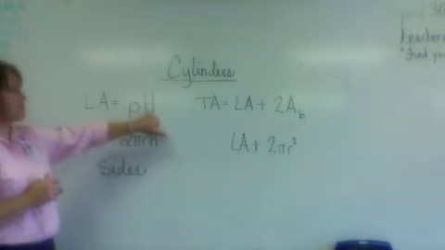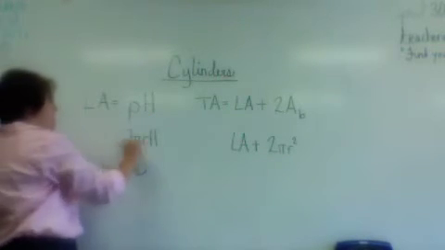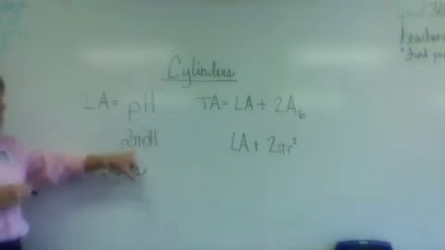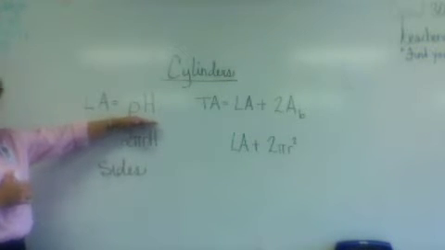Perimeter times height. It's the regular. This is the perimeter of a circle, because a cylinder has a base that is a circle. This formula applies to all prisms, whether the bases are squares, rectangles, triangles, trapezoids, parallelograms, rhombuses, whatever. Okay?